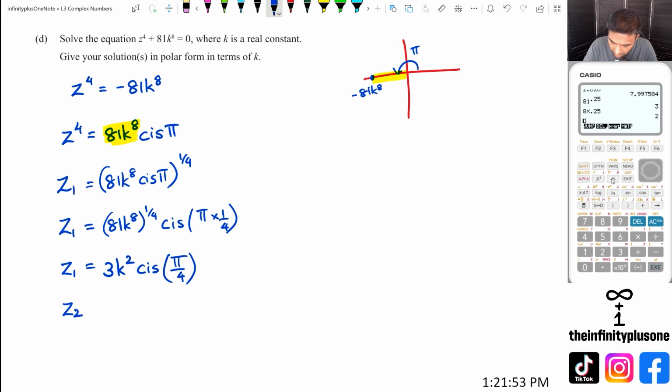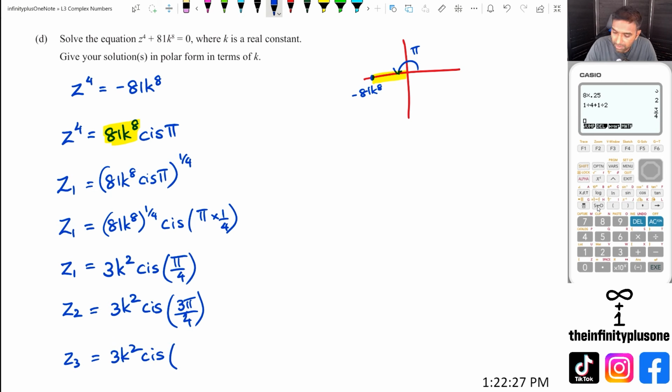So because I have 4 roots, I need to add 90 degrees to each one of them. I'm going to get 3k squared cis, I've got pi over 4 plus pi over 2. So you could do it like this. I just go 1 over 4 like that, and you're going to end up with 3 pi over 4. And then z3 as 3k squared cis plus 1 over 4.